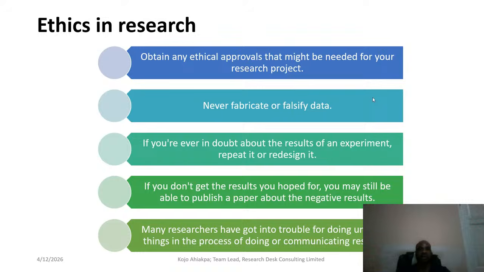You need to go through what we call ethical approval. There are institutions in each country or geography. Even if you don't have a university, you have what we call the ethical review board, that certifies that your research, in the course of your data collection or implementation, is not going to infringe on fundamental human rights, or be inimical to the environment or to the species you are researching.